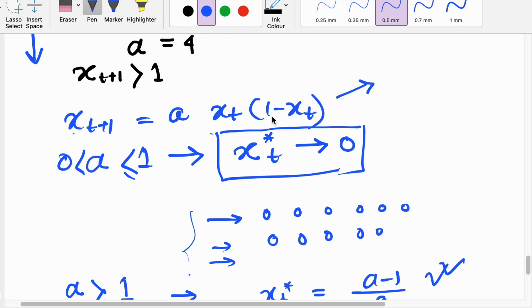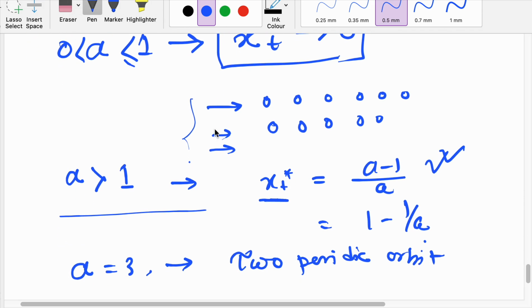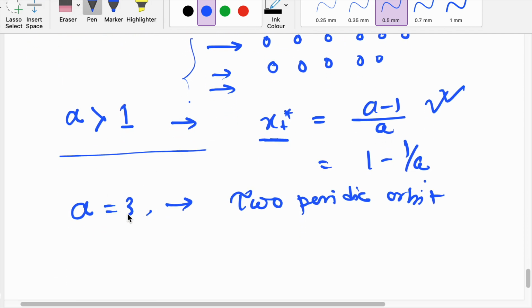So this is a simple equation. Now why for a greater than or equal to 3 you will find a 2 periodic orbit, that is not clear. There is another interesting property of this equation.